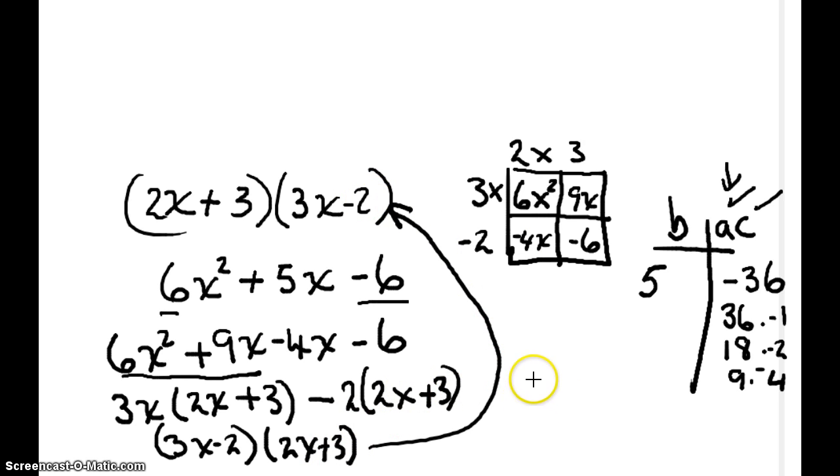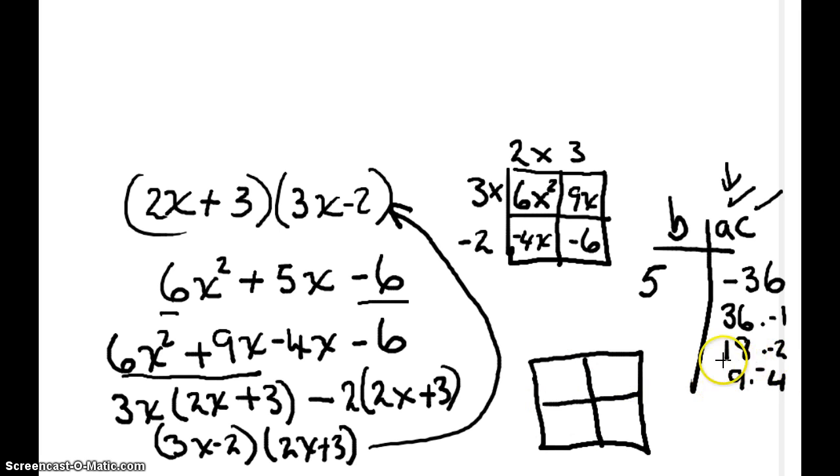Now, some of you have expressed a concern about how complicated that grouping is. Another method that you can use, once you get these components, is you now know that you have 6x squared from here. You know that you have negative 6 in your block here.